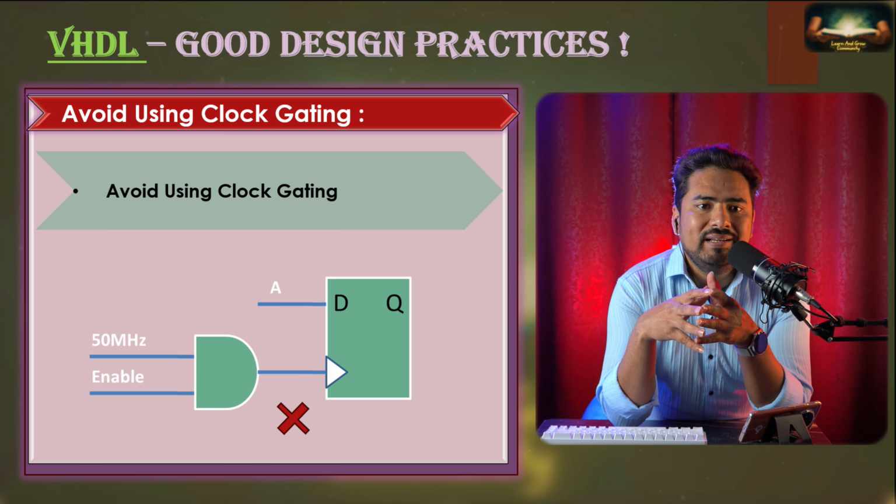So this is a better way of doing that. You can see that we didn't touch our clock signal. Instead, we applied our logic on the D input port. So we added a multiplexer on the data path, not on the clock path. This multiplexer will ensure that you will get input A only when this enable signal is applied.